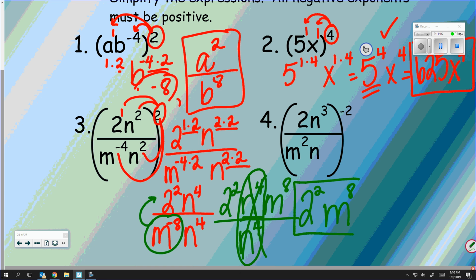This is your answer. You can also write 2 squared as 4, so 4 to the 8. Again, either one of these is fine for your quiz. That one was a little tricky, but just making sure that we're at least understanding and getting to this step, and then from there, just knowing that we have to cancel out what we can.